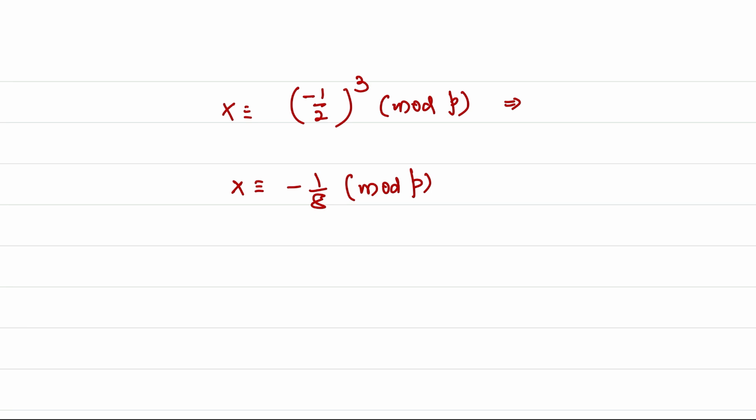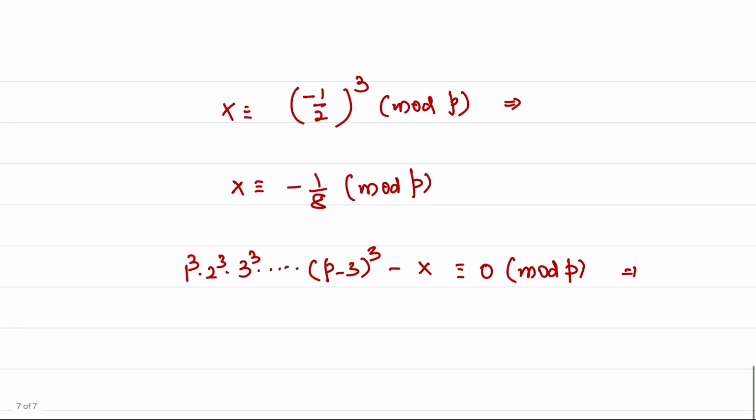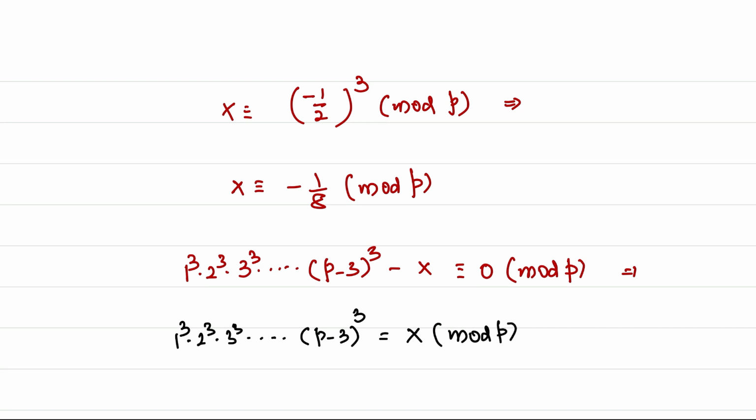Now, you just see what is our question? 1 cube into 2 cube into 3 cube up to (P minus 3) whole cube minus x is divisible by P. That means 1 cube into 2 cube into 3 cube up to (P minus 3) whole cube is equal to x mod P. This is the equation.